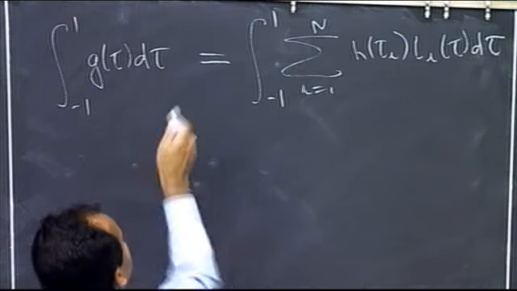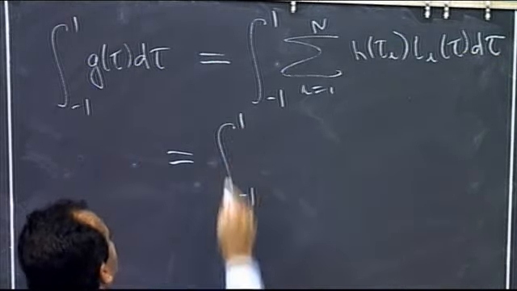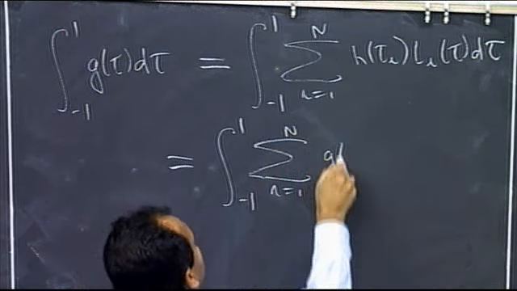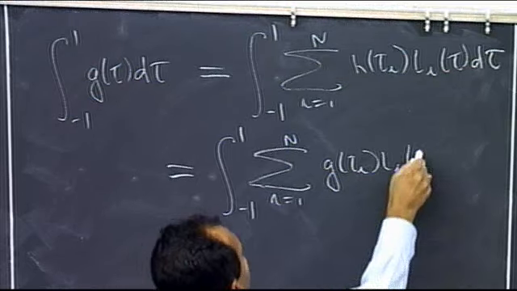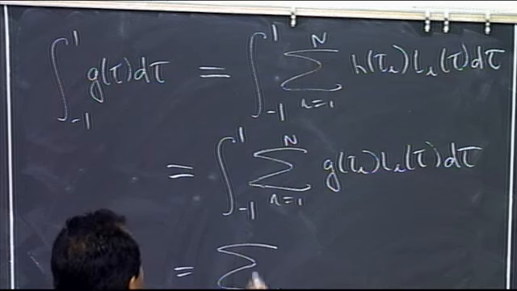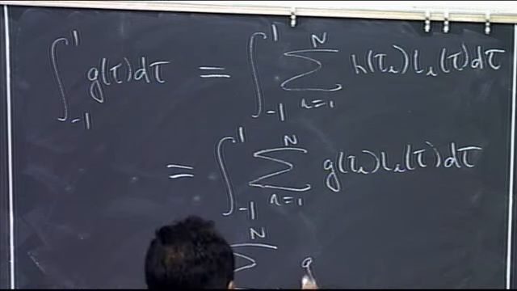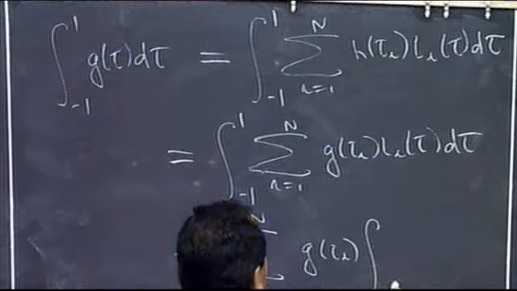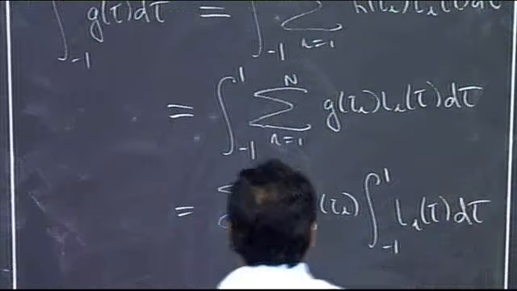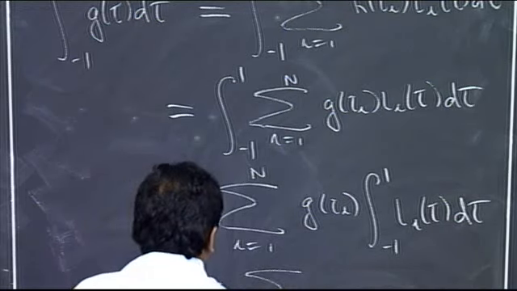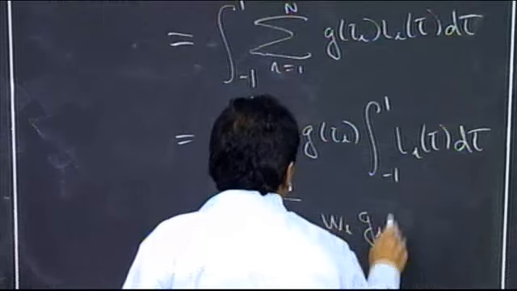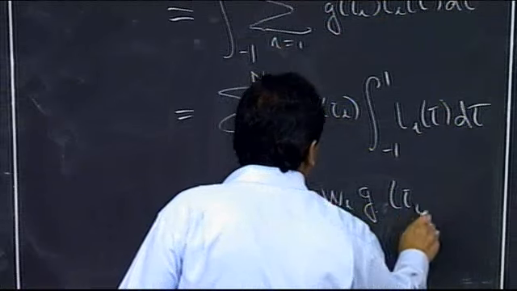But h of tau I is equal to g of tau I. So this is negative 1 to 1, the sum from I equals 1 up to n of g of tau I times Li of tau d tau, which is equal to the sum from I equals 1 up to n of g of tau I times the integral from negative 1 to 1 of Li of tau d tau, which is equal to the sum from I equals 1 to n of Wi g of tau I.